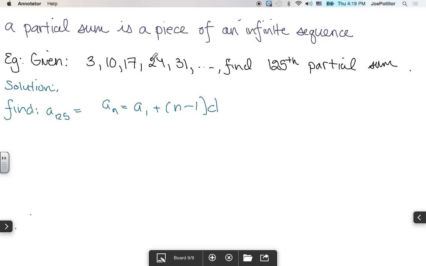But hey, who's counting? There's another way around it, but we won't worry about that. So, a sub 125 is equal to 3 plus (125 minus 1) is 124, multiplied by 7, which is our common difference. So 124 times 7 is 868. 868 plus 3 is 871.